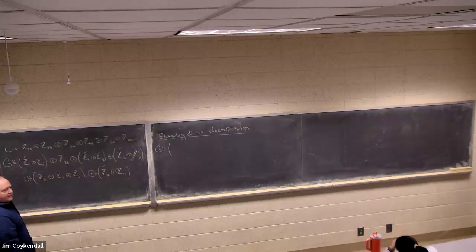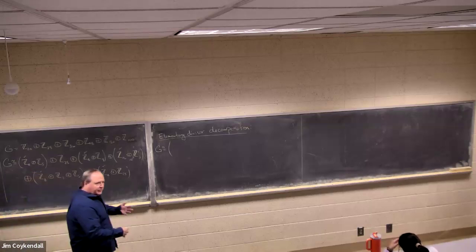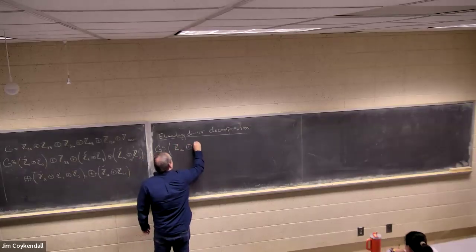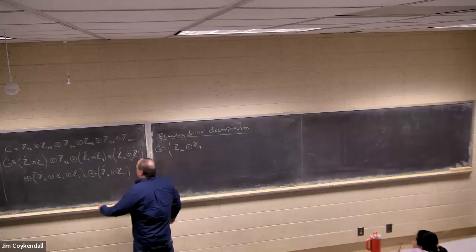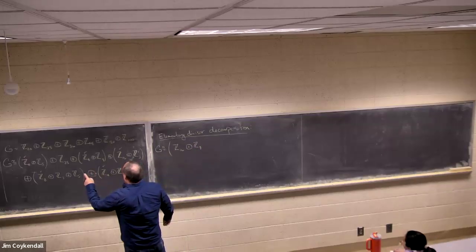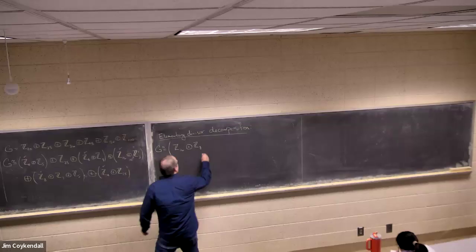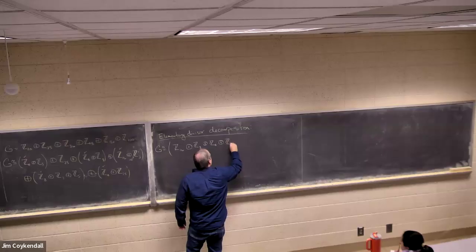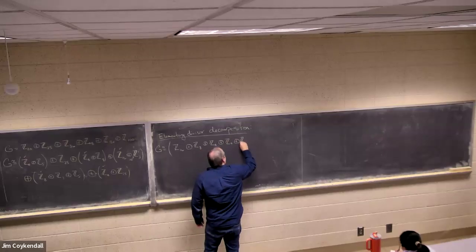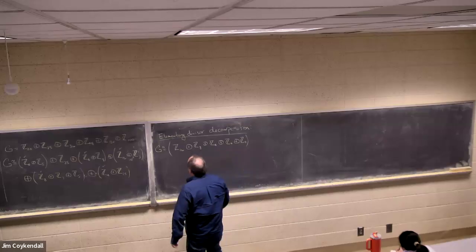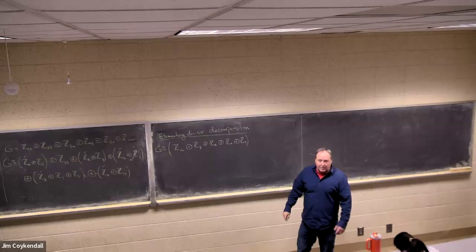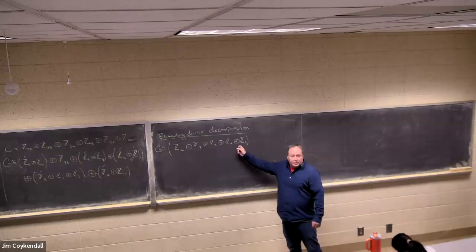I'm going to do this in decreasing order because it's going to help me better. Let's see what we got. 16, 8, 4, 2, 2, 2. And this is the elementary divisor piece that corresponds to the prime 2. Everybody okay with that? This is also the Sylow 2-subgroup.